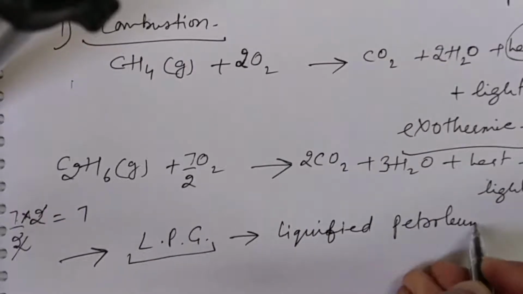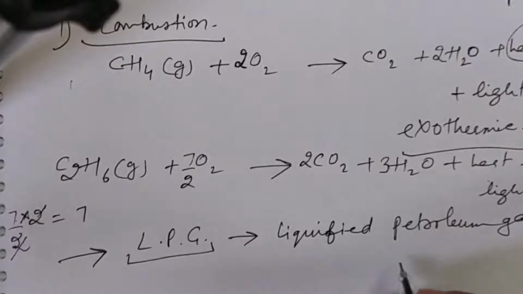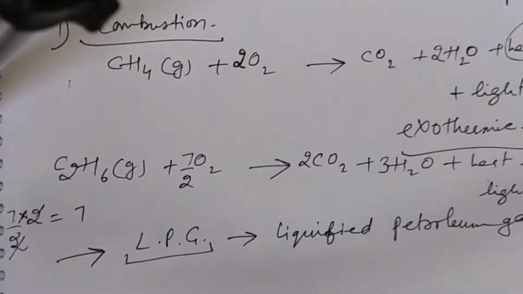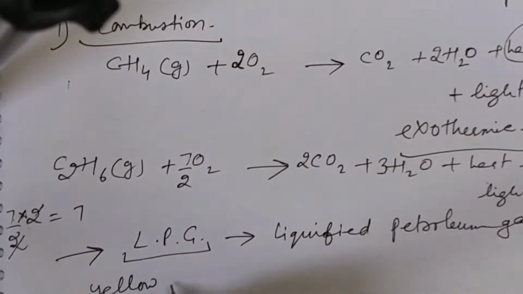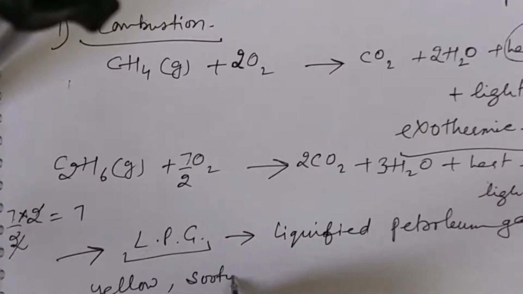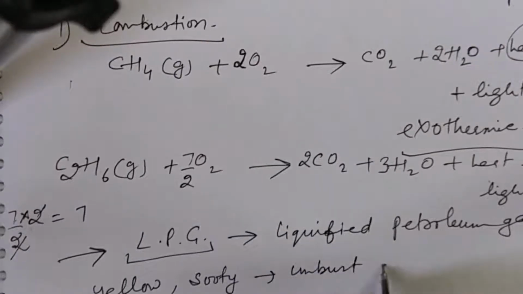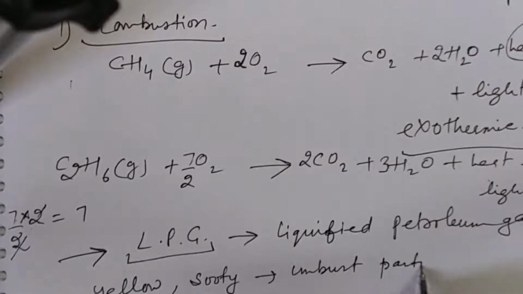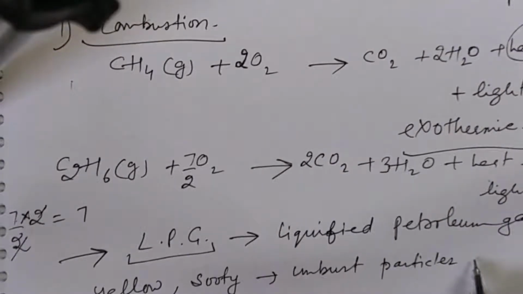In liquefied petroleum gas, sometimes we see the flame coming out from the burner is yellow and sooty. Why does the flame come out yellow and sooty in color, not blue? Because unburnt particles of carbon accumulate around the flame, giving it a yellow or sooty flame.